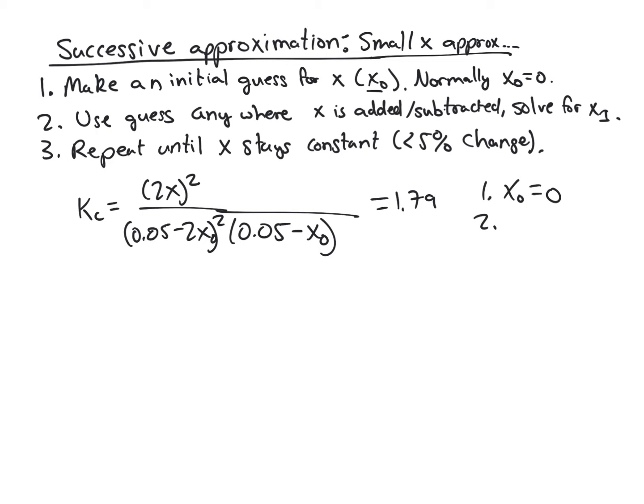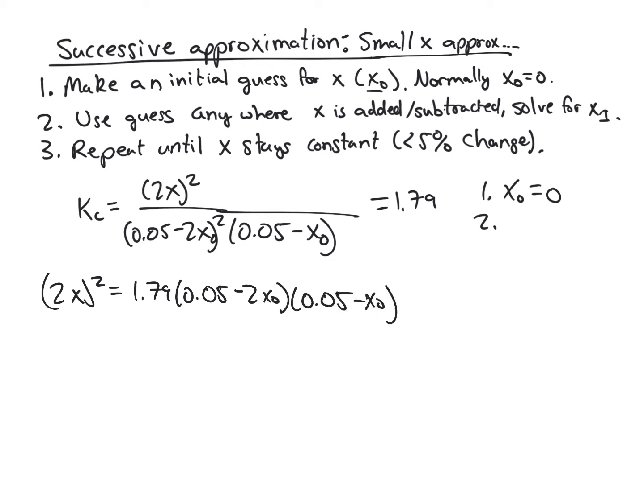The way that works is we'll multiply both sides by this denominator stuff. When we do that, we get 2x squared is equal to 1.79 times 0.05 minus 2x0 times 0.05 minus x0.